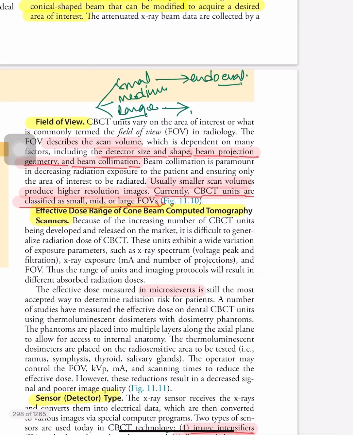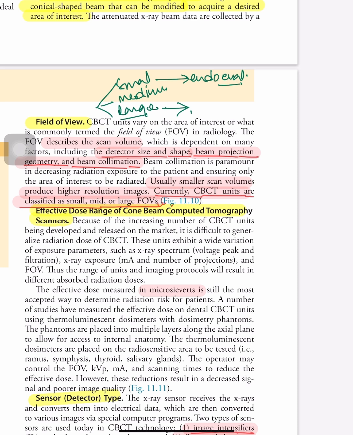Now we move to the effective dose of cone beam computed tomography. We have to know at what dose the radiation is minimum, while at the same time we are getting the best possible quality of the image.